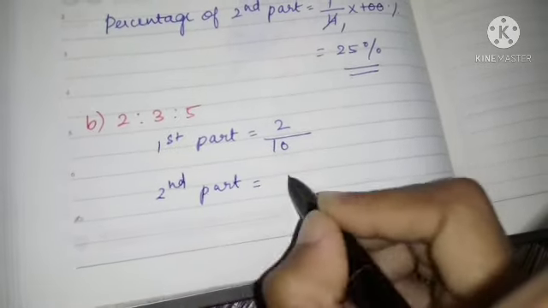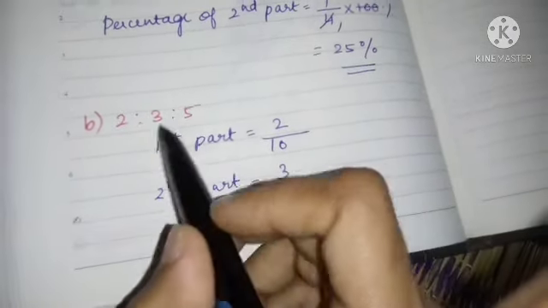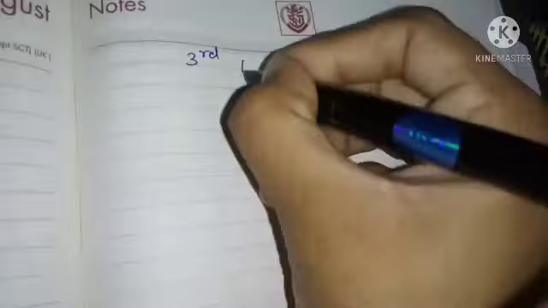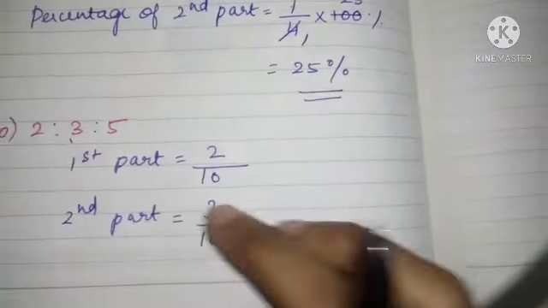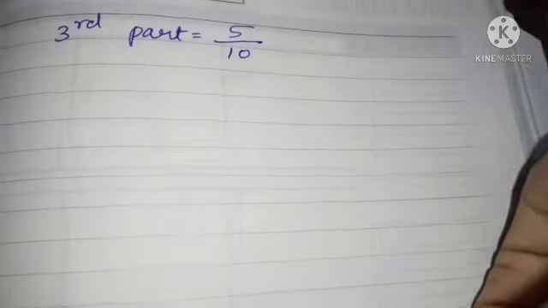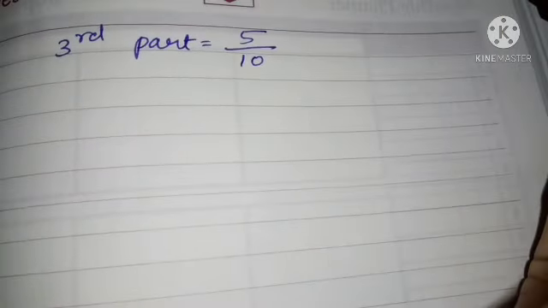What is the second part? 3 divided by 10. Next, third part. What is the third part? 5 divided by 10. 2 plus 3 is 5, 5 plus 5 is 10. 5 by 10 is the third part.